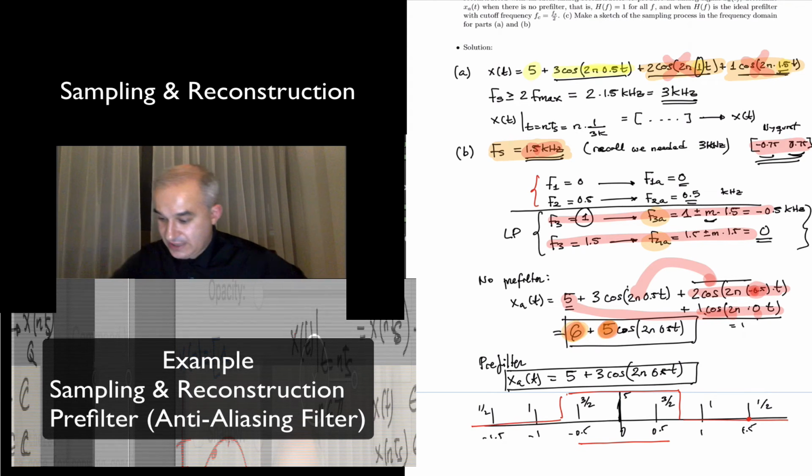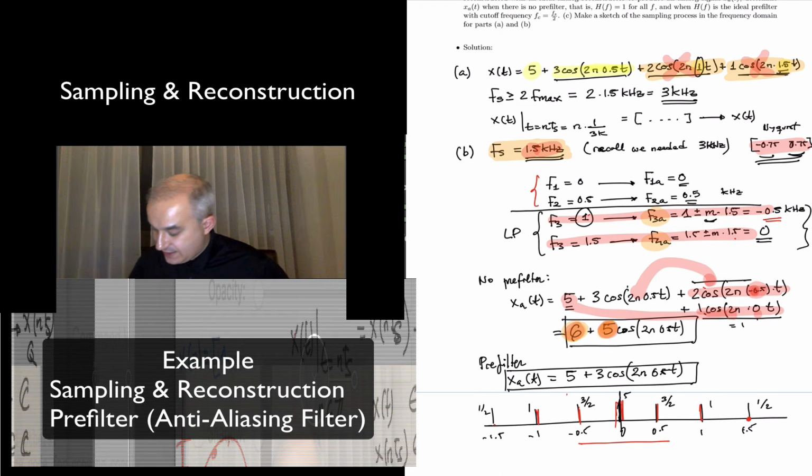But since we didn't do that, the 1.5 minus this one aliases back to knock this one, and this one aliases back to knock this one, this one, this one, and then the 1 aliases back to knock this one and this one to increase it by 2 now, and the 1.5 aliases back to 0, those components.